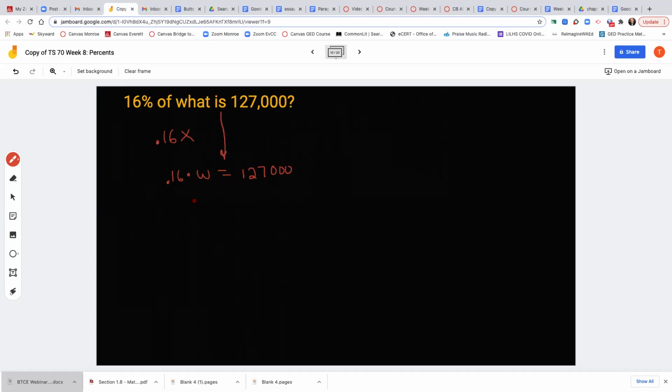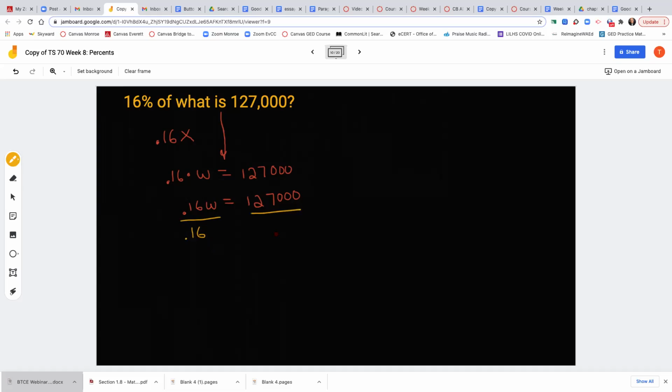Now, just to point out to you, just so you get familiar with this, most algebra students would just go 0.16W equals 127,000. You'll start doing that in algebra, because that's the same thing as times. When they're right side by side like that, that means times. Then, just to change colors, just to make it clear, you're going to divide this side by 0.16, sorry, not by 16, by 0.16.